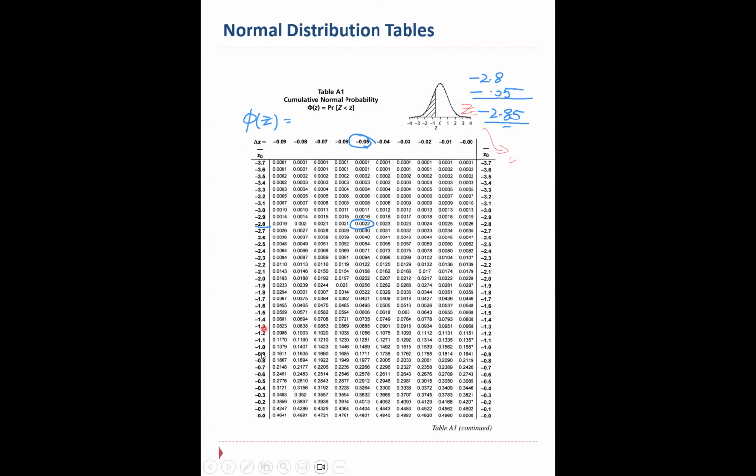So if I look for the value at 0, so minus 0 and 0.0, the value is 0.5, which means the 50% probability region has been covered, from minus infinity to a z value.